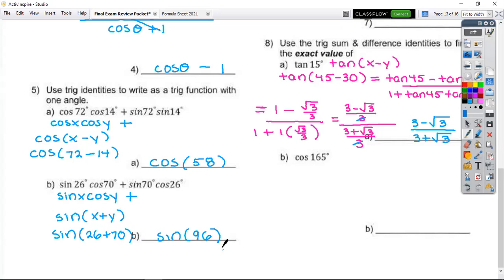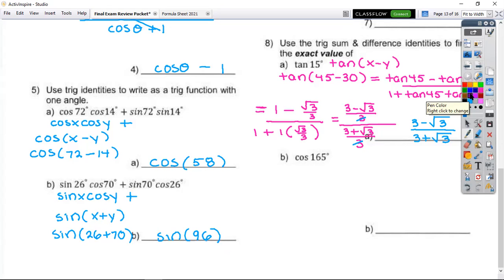All right, how are those so far? Okay, so letter B, and then I think I'm going to stop there for today. So letter B, cosine of 165. This one's a little tougher. So if you think about your angles like 30, 45, 60, 165 might be more challenging to get with just two of these, if not impossible.